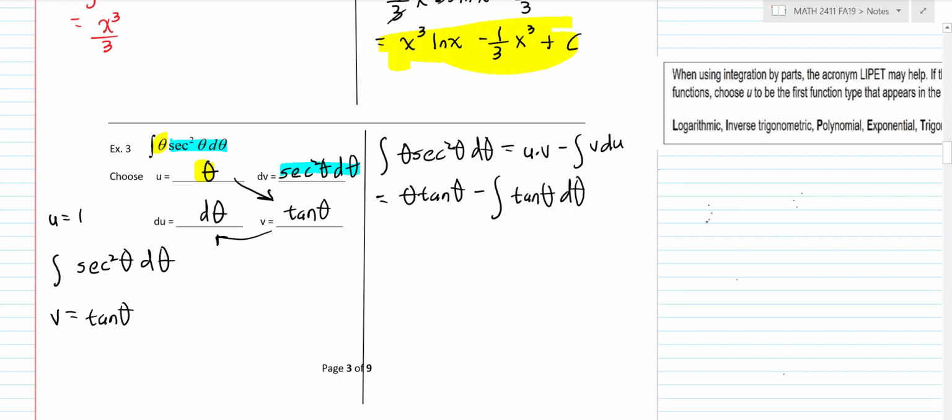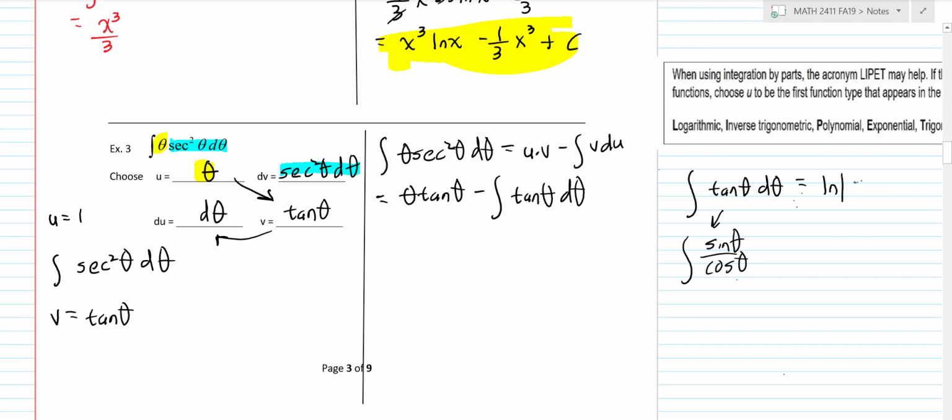Now one thing that I recommend students do is try to get pretty good with figuring out this tangent in your head. There is a formula for this, and it basically goes like this. The integral of a tangent is, and this is how I figure this out. It's kind of like this. Remember the tangent is sine theta over cosine theta. Now you could do a U substitution to figure this out if you want to, but you can kind of do this in your head if you think about this.